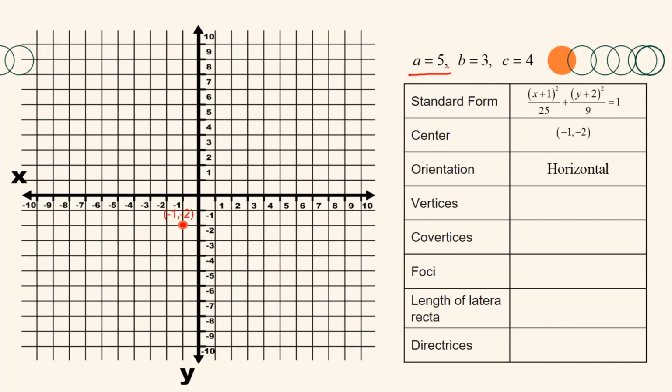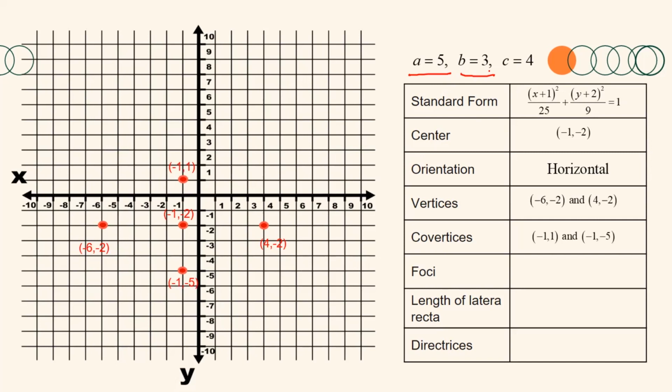With that, we can see that the vertices of the ellipse are the points (-6, -2) and (4, -2). On the other hand, the co-vertices of the ellipse are above and below the center, 3 units away from it, since b is equal to 3. Observe that these points are (-1, 1) and (-1, -5).